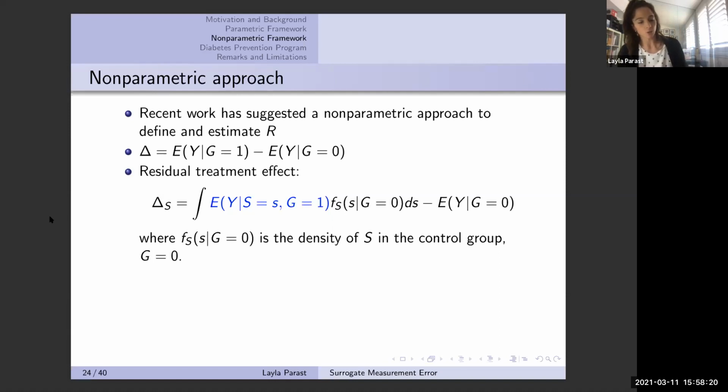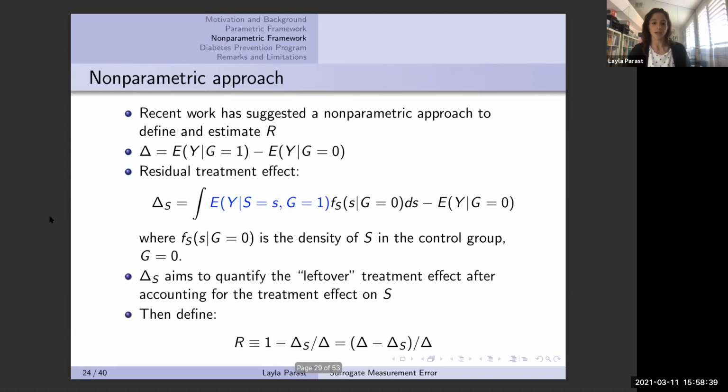And then the residual treatment effect, basically that second term is still the primary outcome in the control group, but the first term is trying to capture what the primary outcome would look like in the treatment group if the surrogate marker distribution looked like the control group.